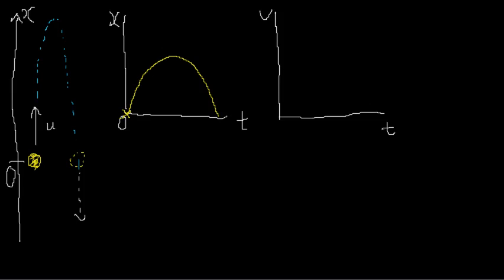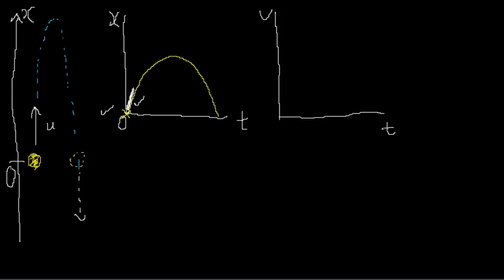So if I go to the starting point, at the start, the graph has a certain slope. I can think of the gradient of this slope here, and that would be my velocity.